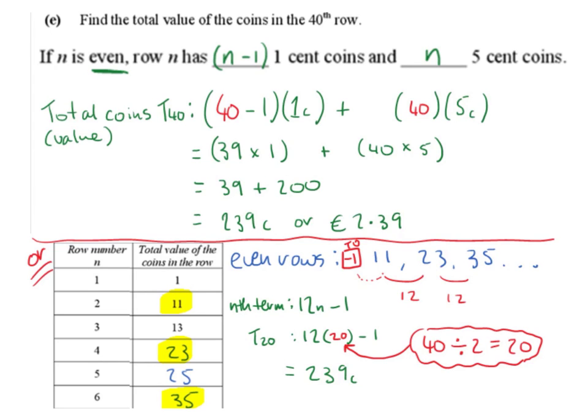So we swap the n for 40. So 40 minus 1 is 39, and 39 multiplied by 1 cent is 39 cent. And then 40 times 5 cent is 200 cent, and 39 plus 200 is 239 cent, or €2.39.